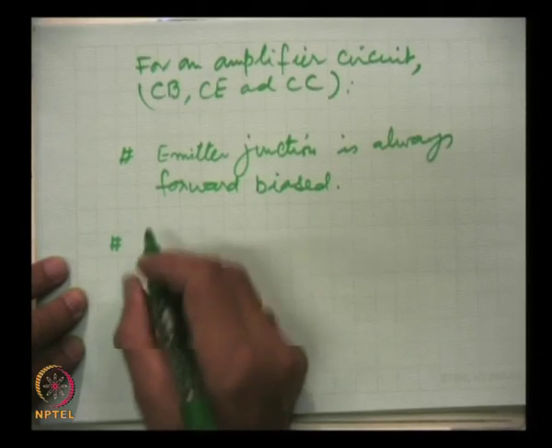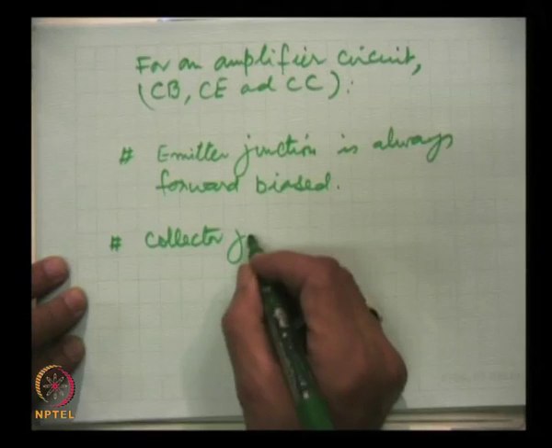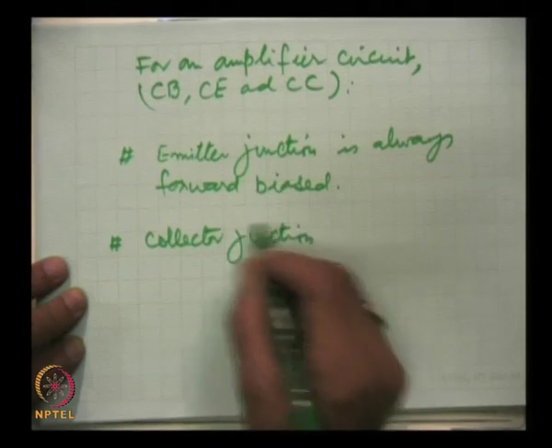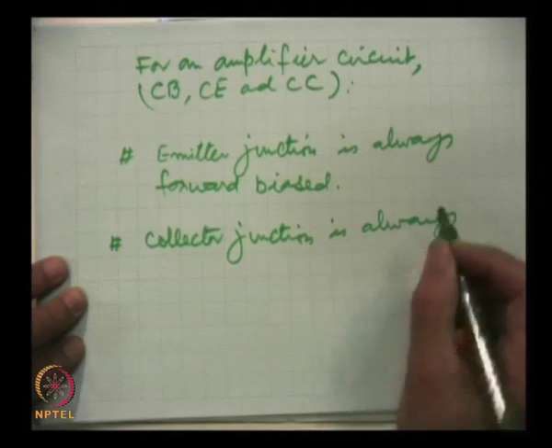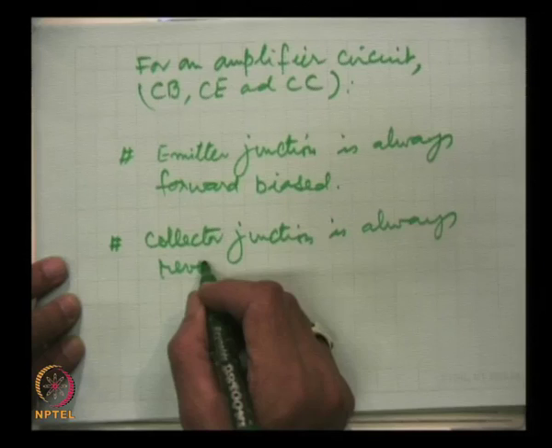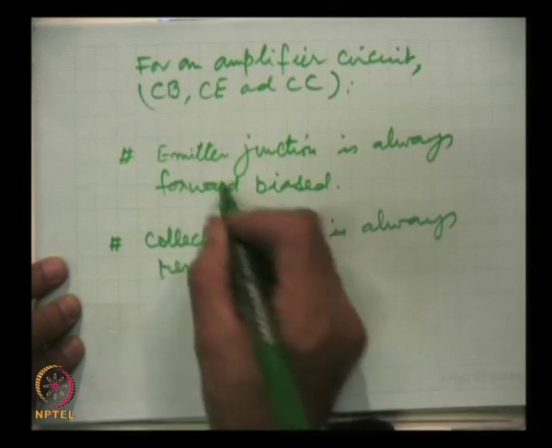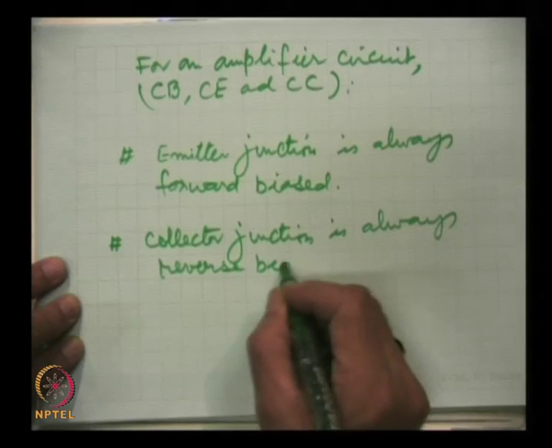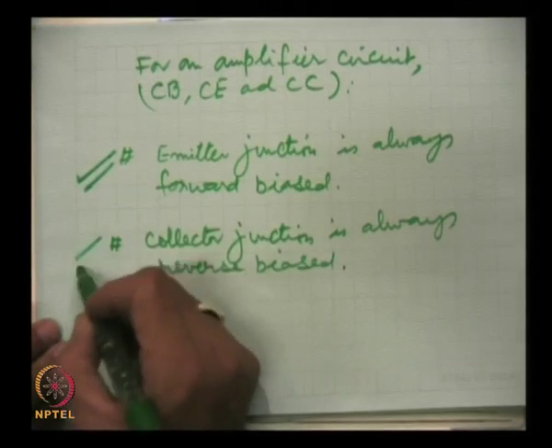And collector base junction, which is collector junction, is always reverse biased. This is very important. Now, we talk about the current gains.